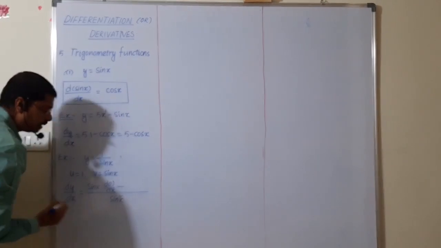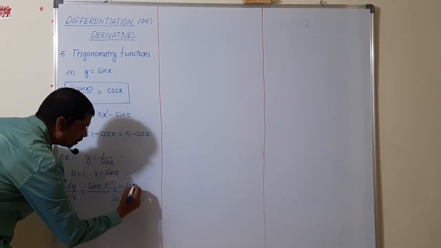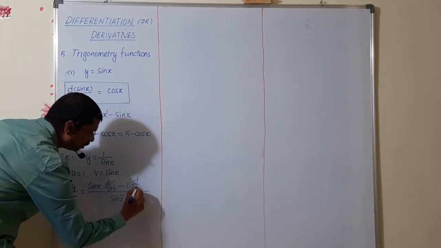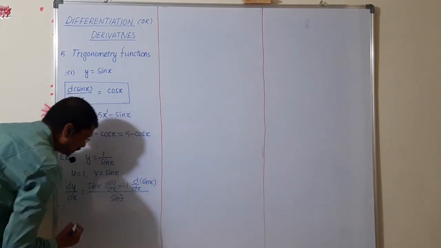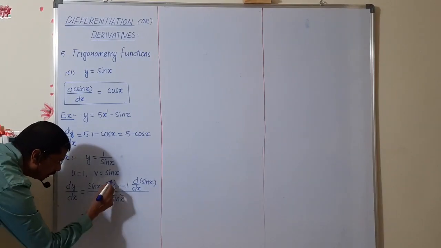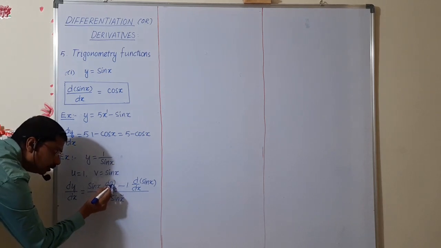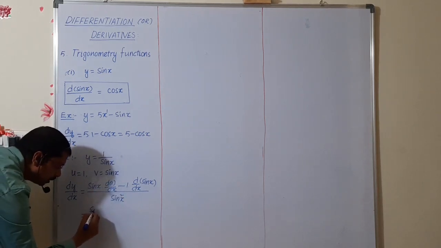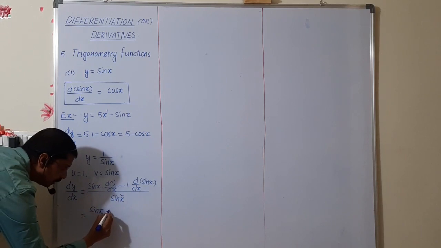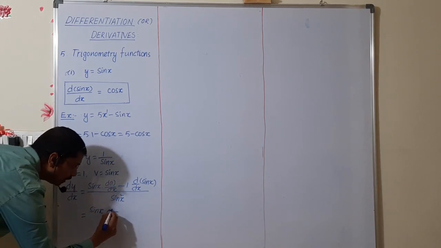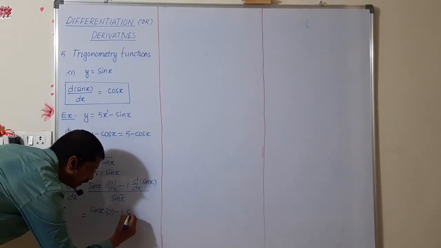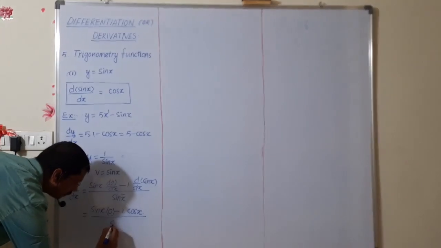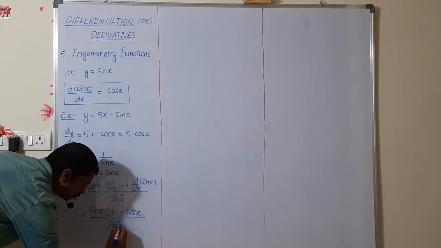Denominator gives minus. Now here 1 is a constant, d upon dx of sin x. Now what we can write here is the differentiation of 1, it is 0, means sin x into 0 minus 1 into differentiation of sin x, it is cos x, divided by sin square x.